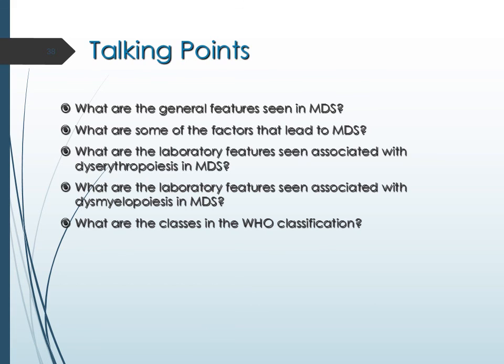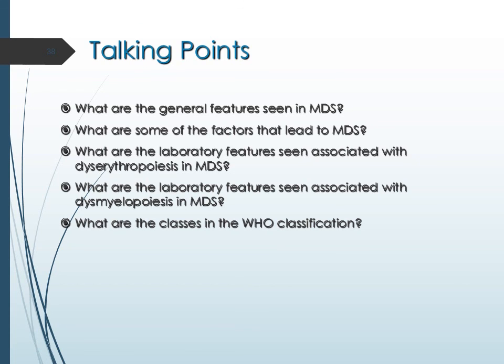Also remember the classes and how many cells there are in each one of the classes, the percentage of bone marrow blasts, number of cytopenias, what are the features of each of the MDSs. Be able to look at the case studies that are included in the front of the textbook.